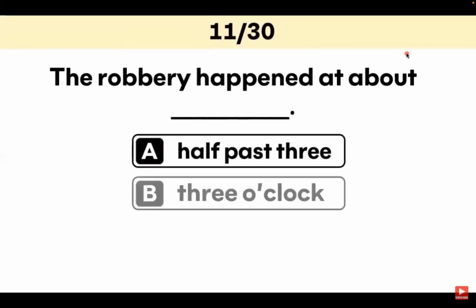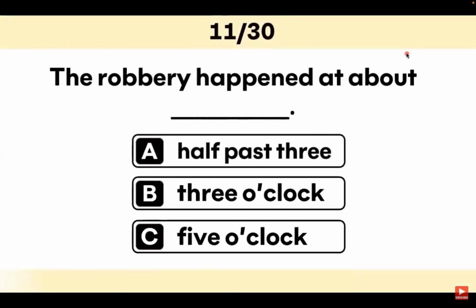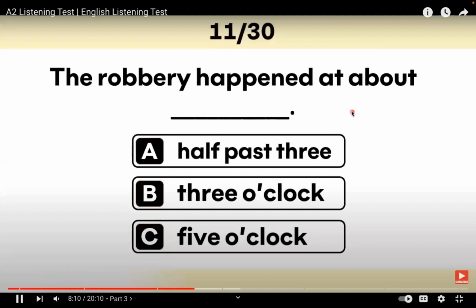Choose the correct answer. The robbery happened at about 3:30, 3 o'clock, 5 o'clock. So robbery, what does robbery mean? A robber is the thief, but robbery is the crime in general, the crime of theft. Okay, robbery.